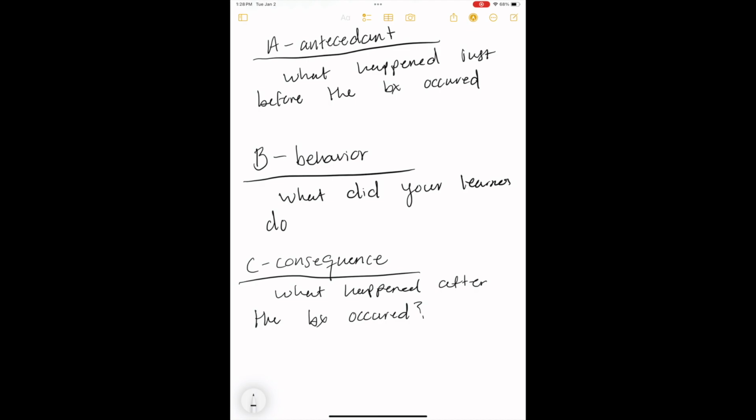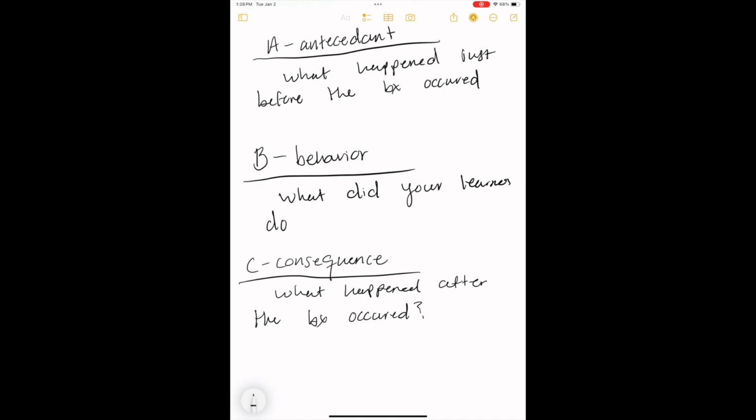So you always need to be observing your learner, even when, let's say that they have social time and you're in a center and they're engaging with other kids. You need to see the way that they're engaging with other kids. Your eyes need to constantly be on your learner so that you can see this ABC data.